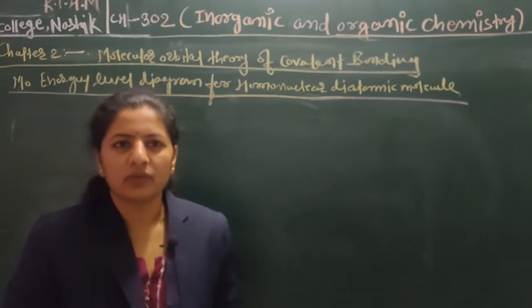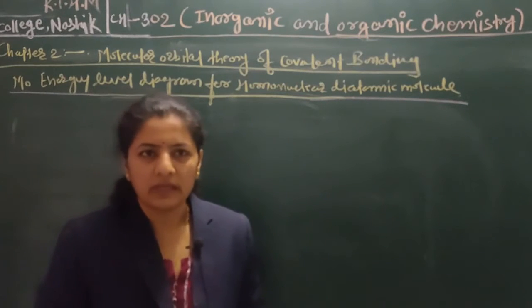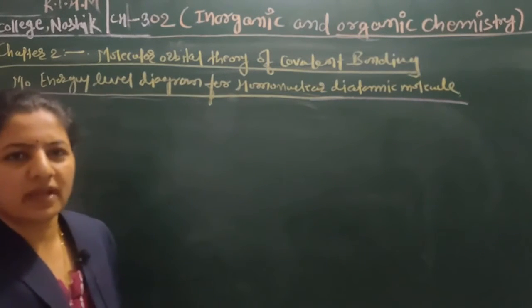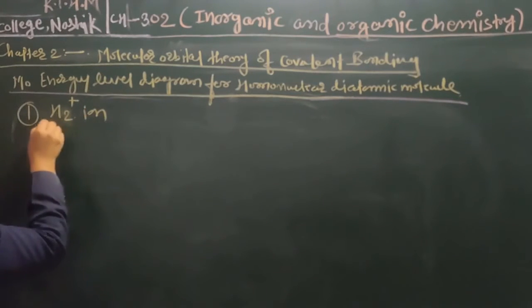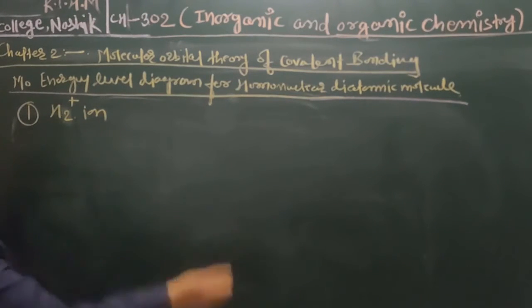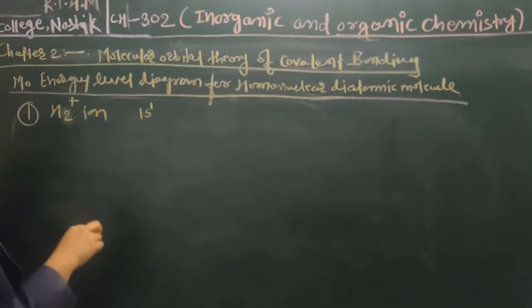In that we are going to discuss two to three examples of homonuclear diatomic molecules. First we are going to discuss H2 plus. The electron configuration of hydrogen is 1s1, but here there is a plus charge.